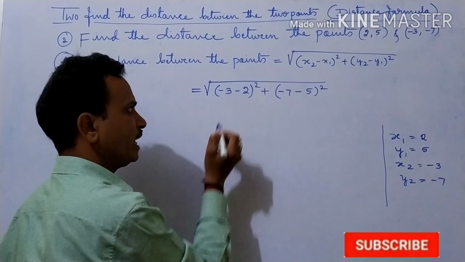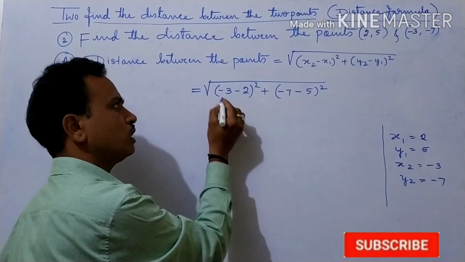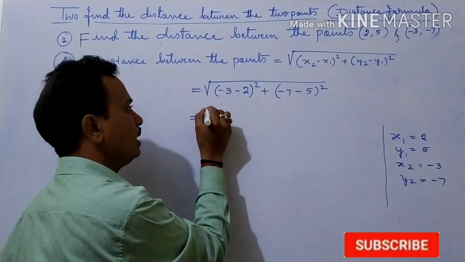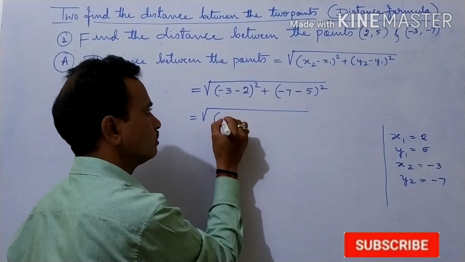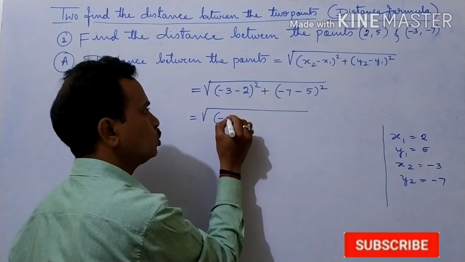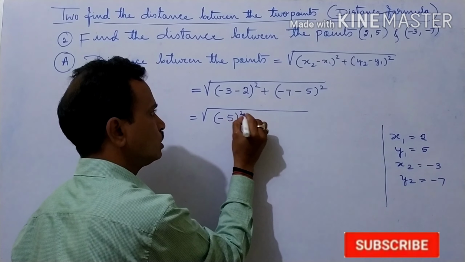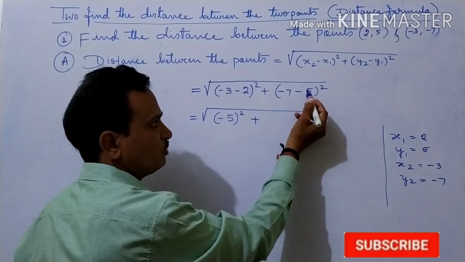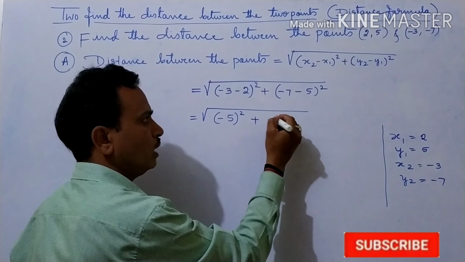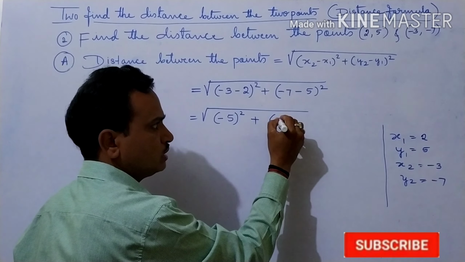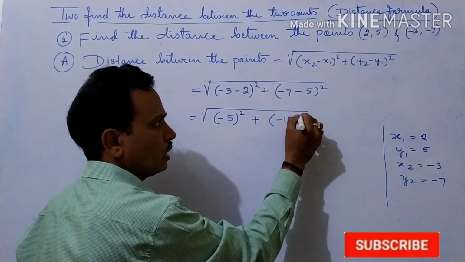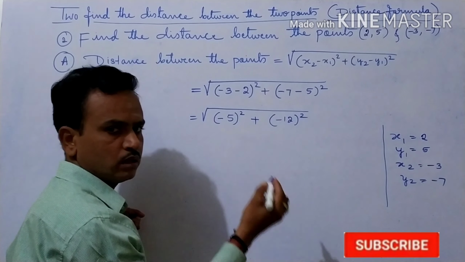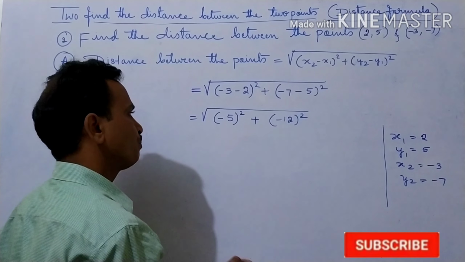Now here both are negative. When both are negative, keep the minus sign and add. Minus 3 minus 2 is minus 5, whole square, plus minus 7 minus 5 is minus 12, whole square.